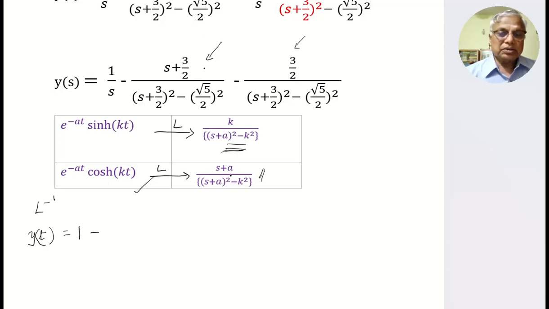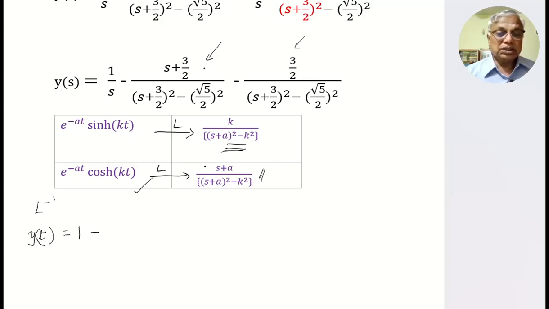You can use this formula, s plus a by s plus a whole square minus k square. There is a minus here, so minus means hyperbolic function. Had it been plus, it would have been simply cos. This is minus in the denominator, so it will be cos hyperbolic.